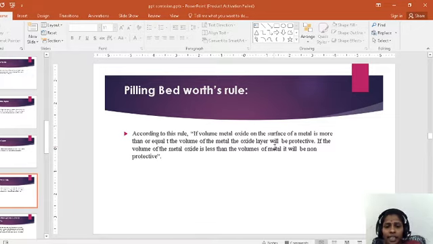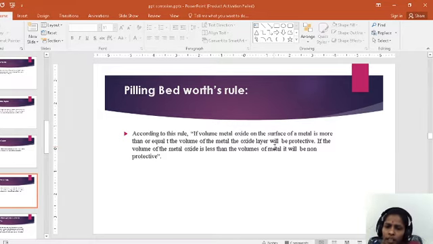If the layer size is more than the metal size, the metal will be protected, obviously, because the metal is covered with the layer. So there is no further corrosion in the case of a protective oxide layer; when the oxide layer volume is more, the metal is protected. If the volume of metal oxide is less than the metal volume, the layer is non-protective.